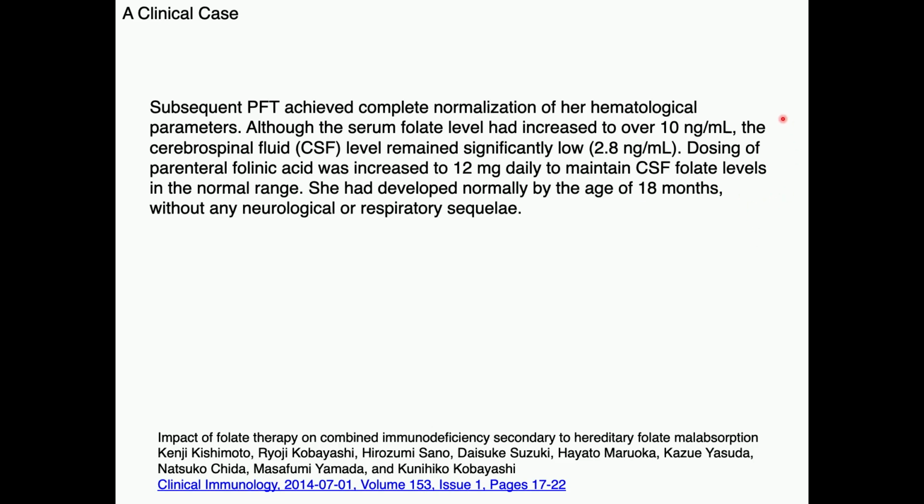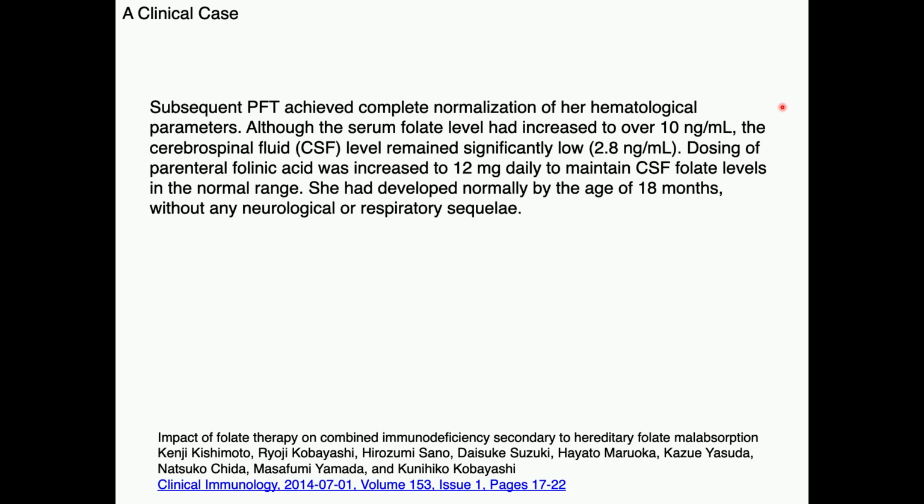All right. Now, there's a little complication here in that the parenteral folate therapy normalized her hematological profile, like her anemia and thrombocytopenia resolved, but the folate level in her cerebrospinal fluid was still low. So presumably that same gene is involved not just in transporting folate from the gut into the blood, but also is important for transporting folate from the blood into the cerebrospinal fluid.